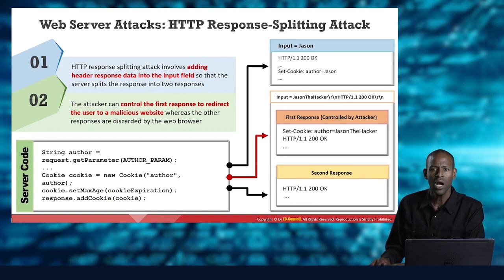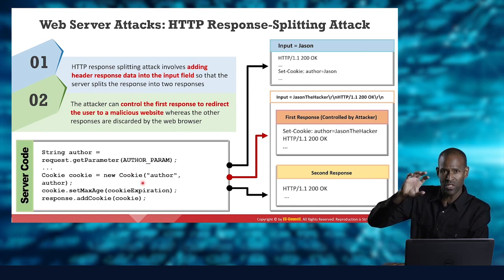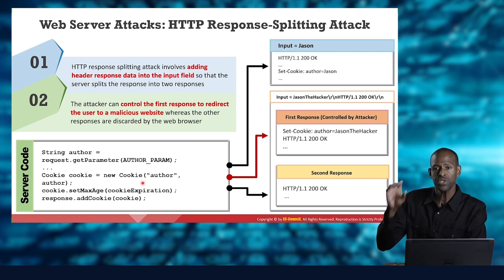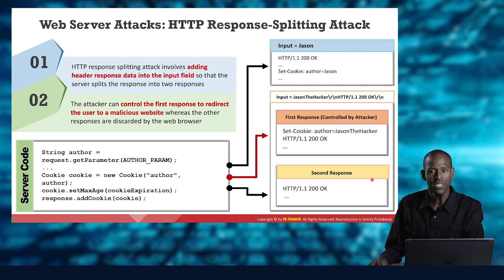With this one, what happens is there is a header that's added to the response data. And so you could use something like Burp Suite and edit the response data, adding in a header, and that splits the response data into two fields so that the server splits the response into two responses. So we get two separate responses.